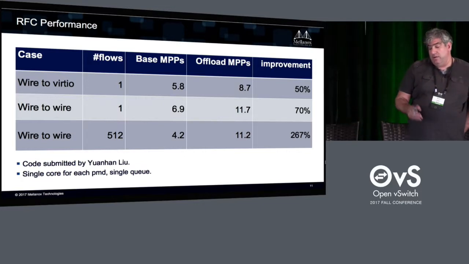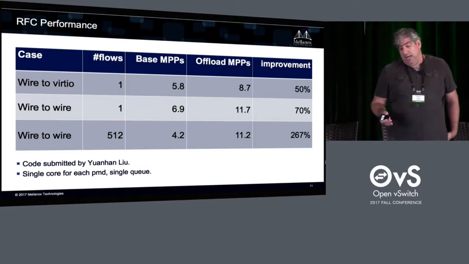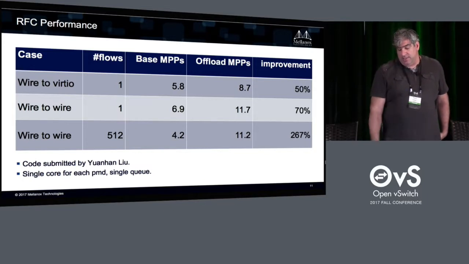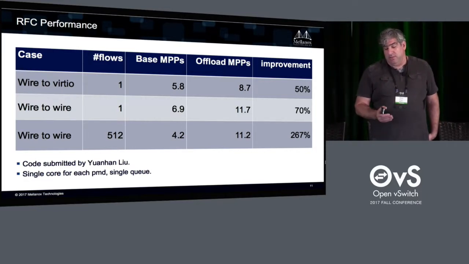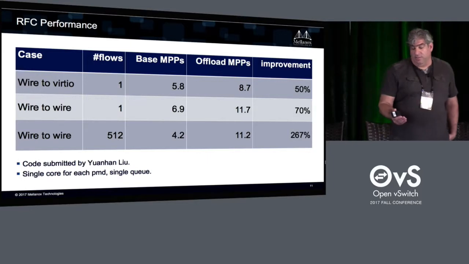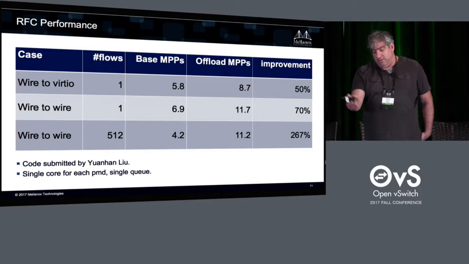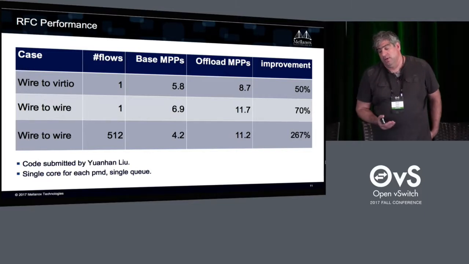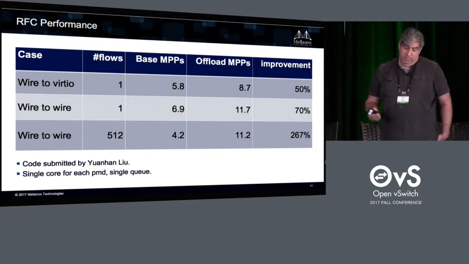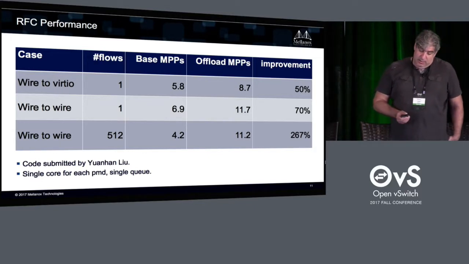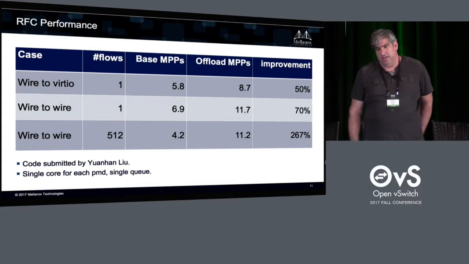And if it's wire to wire, we see even more impact, 70%. Also, when you have a lot of flows, the performance drops down in the software implementation, while in the hardware you see only a little drop from 11.7 to 11.2. So at the end, the improvement is much bigger. You're welcome to look at those patches and try them, of course.